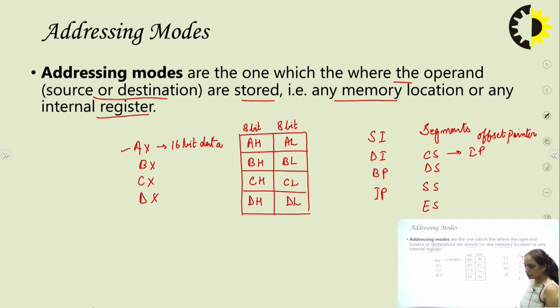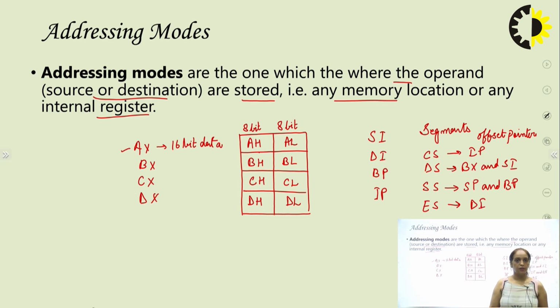For the data segment, we use BX and SI. For the stack segment, we use the stack pointer and base pointer, and for the extra segment, we use DI, the destination index.